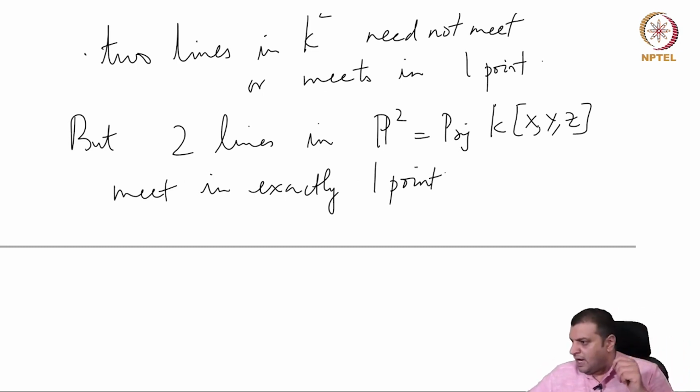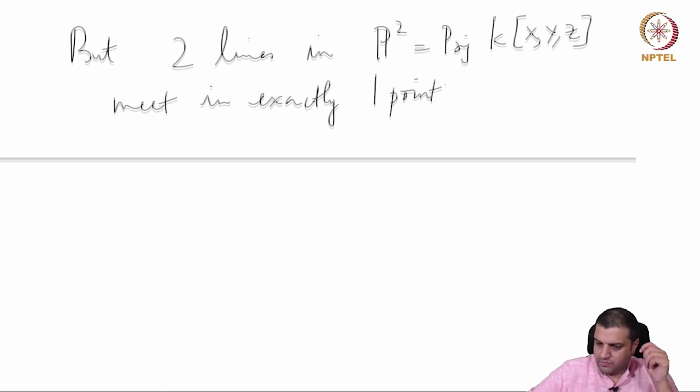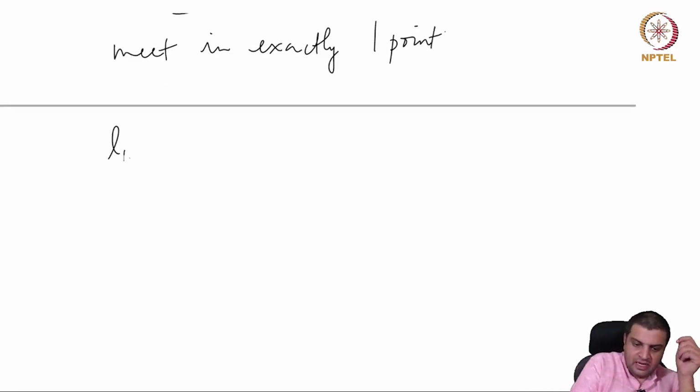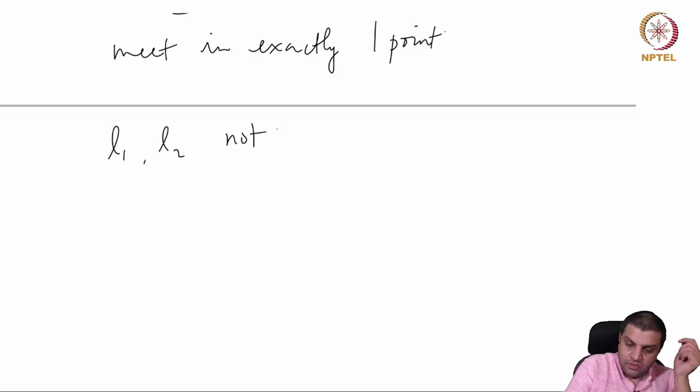And why is that? Let's say L1, L2, not multiples of each other, so linear forms, L1 and L2 inside S1, not multiples of each other.